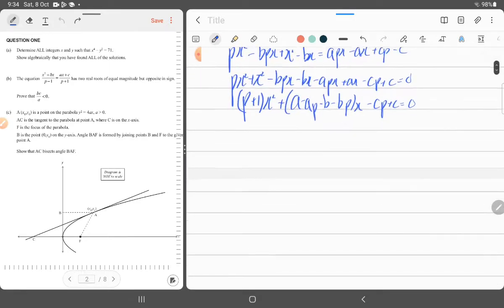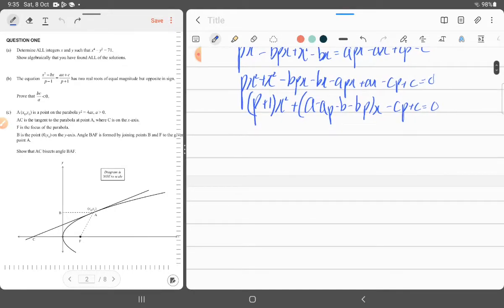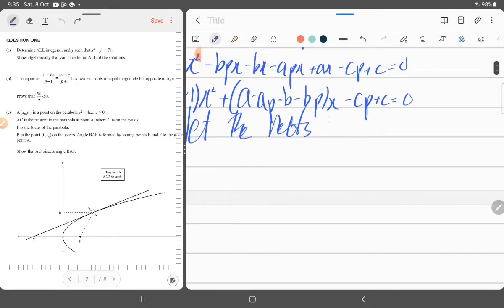So, because the roots are opposite in sign but equal in magnitude, we let the roots be alpha and beta.